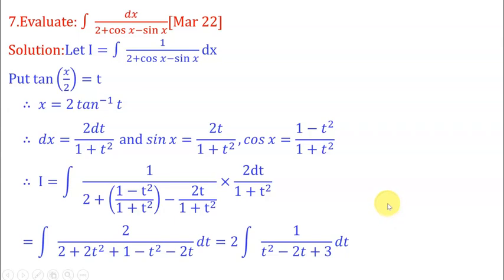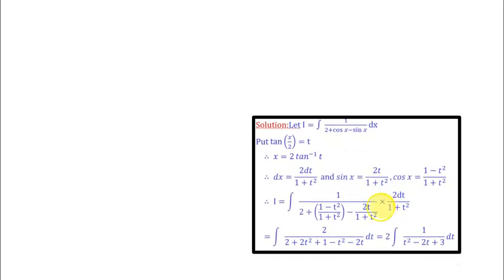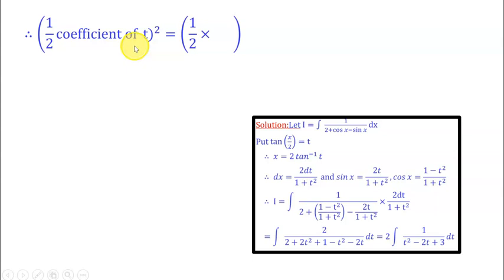Now make again the perfect square. Okay. Now again the formula, that is 1 upon 2 coefficient of t, bracket square. 1 upon 2 times the coefficient of t, which is minus 2, the 2 gets cancelled and you will get minus 1. Minus 1 square is plus 1. Therefore, to make the perfect square, add plus 1 and minus 1.